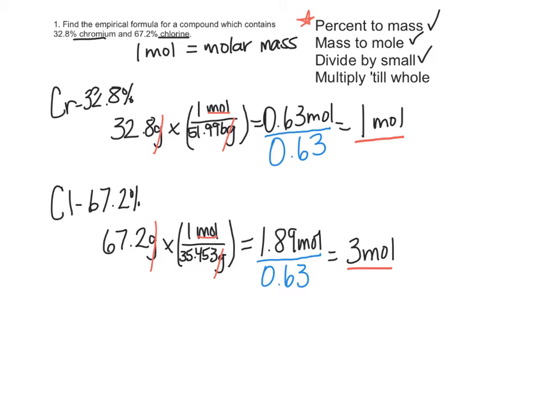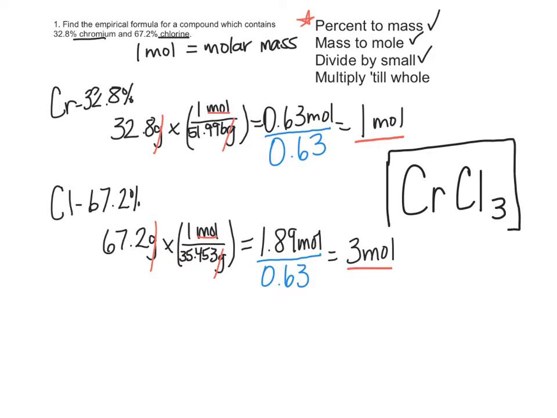So my empirical formula for this question is CrCl3. Cr, I only have 1 mole, and chlorine, I have 3 moles. So this is my empirical formula for this question.